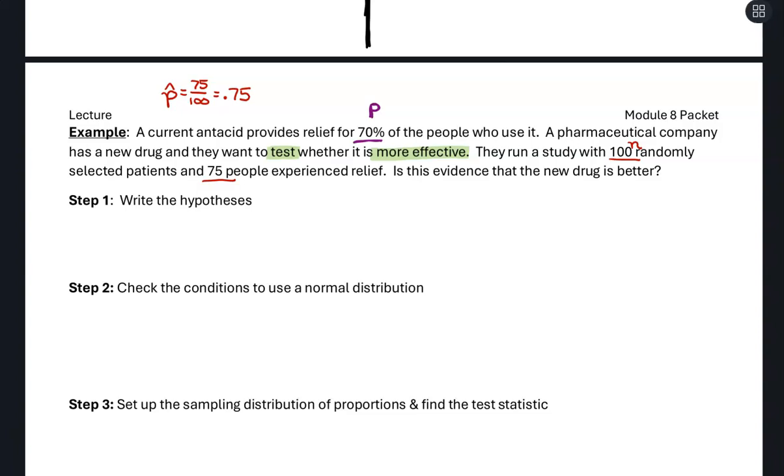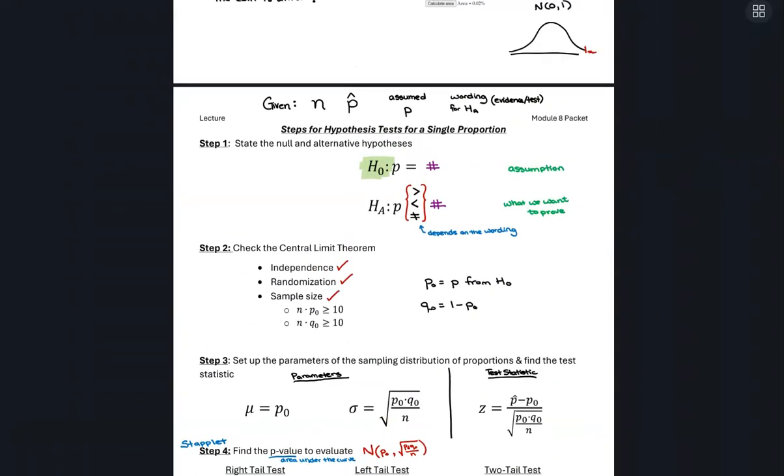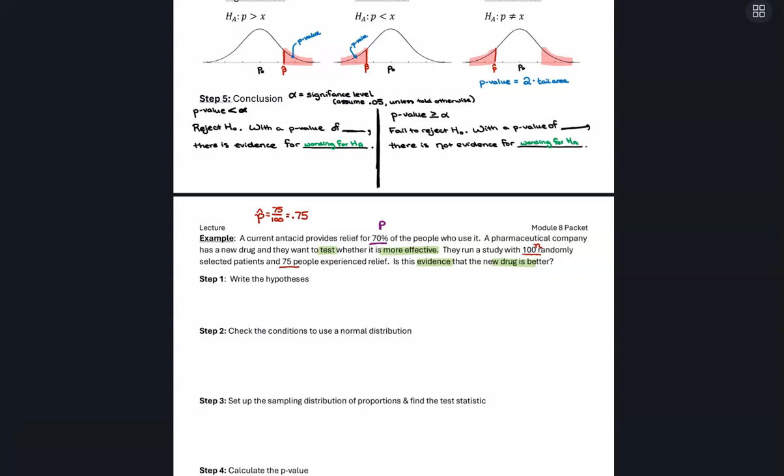Is this evidence that the new drug is better? I'm going to highlight that same evidence is what I'm looking for, and the new drug is better. So just to go back to that previous page and what I said would be given: a sample size, which is that 100, p-hat, which is 0.75 coming from 75 out of 100, the assumed proportion, we assume 70%, and then that wording for the alternative where I said evidence or test.